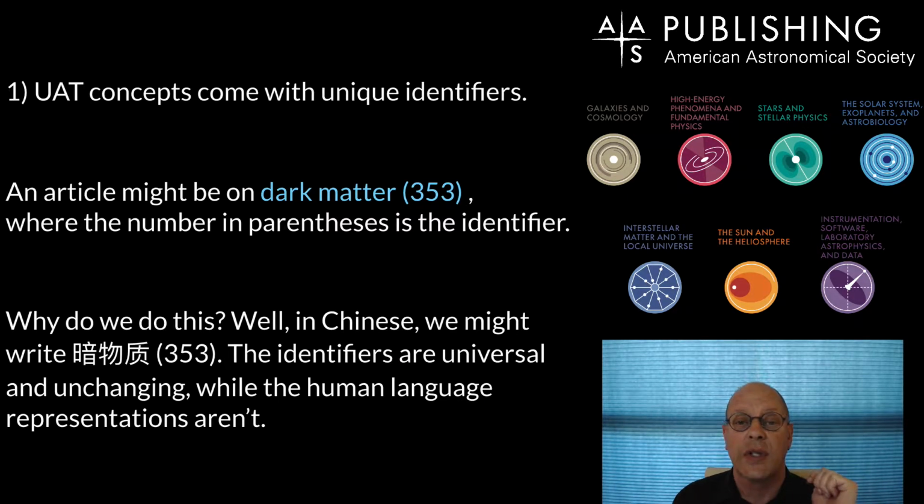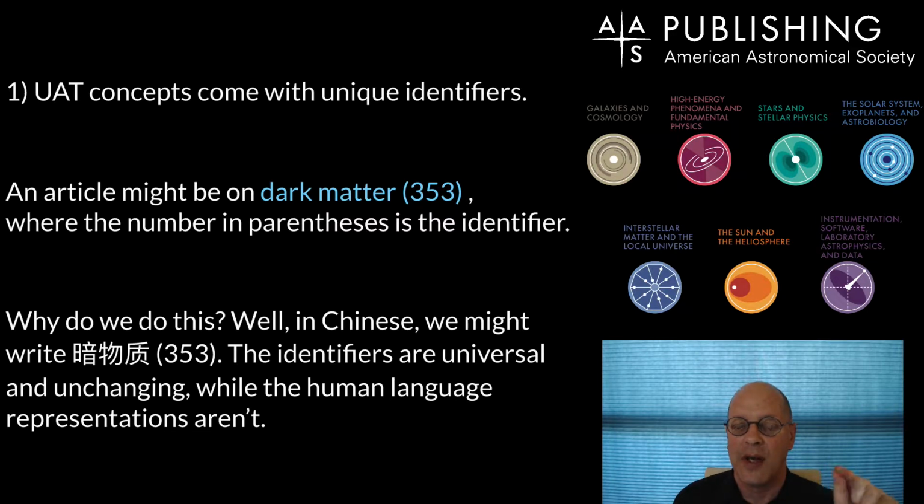The first is a fairly simple one: the UAT concepts come with unique identifiers. An article might, for example, be on dark matter 353, where the number in parentheses is the identifier. Why is this done? Basically to be language independent. In Chinese, you might write it as shown there, with parentheses 353.